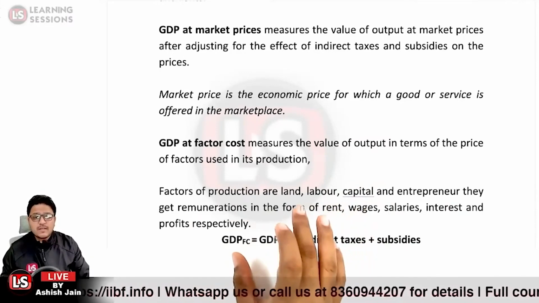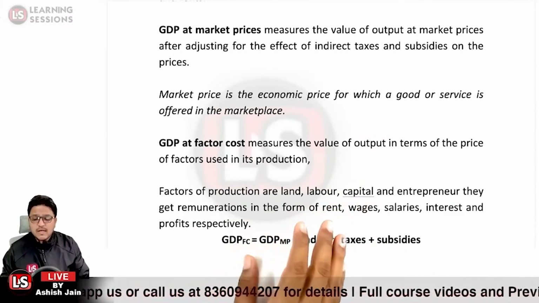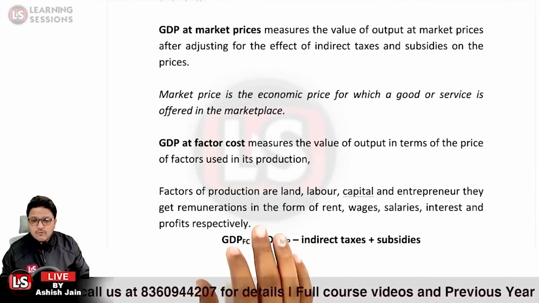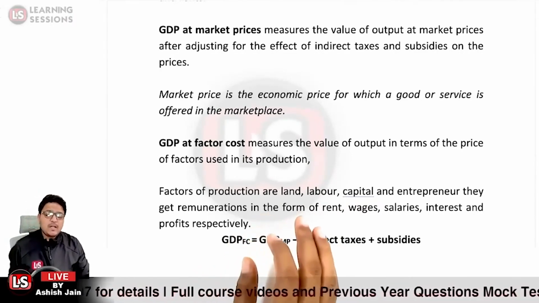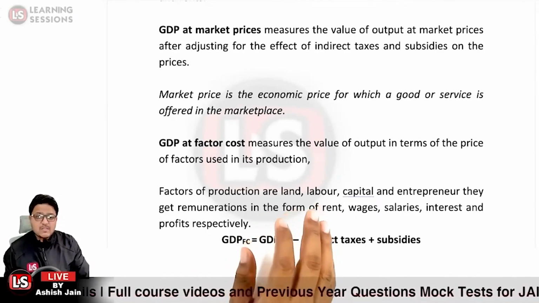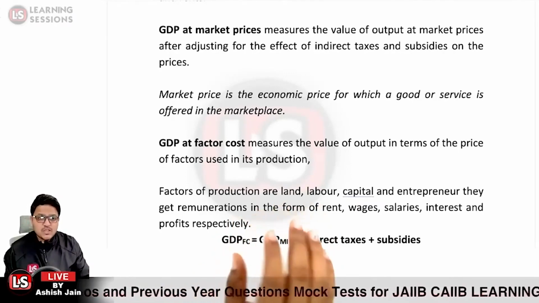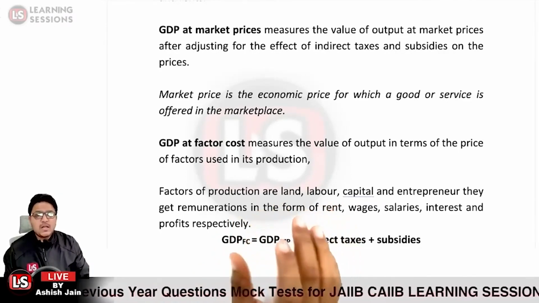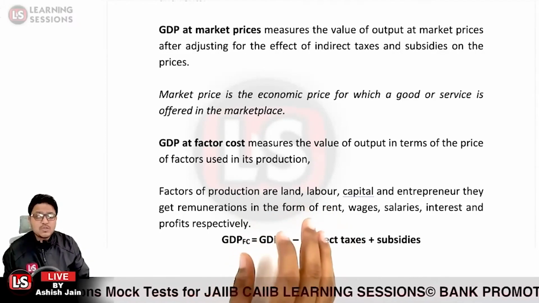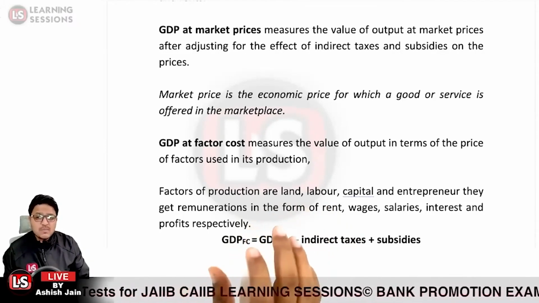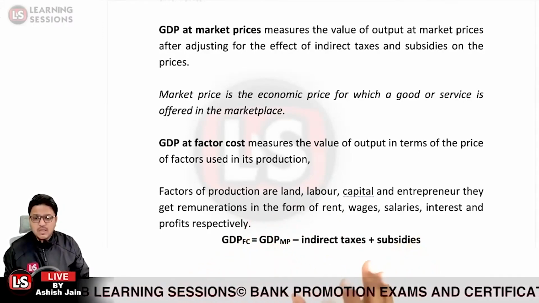So whatsoever the factors are covered over there, and what were the different values of those production, that is based upon that particular purpose. Okay, so GDP at the factor cost measures the value of output in terms of the price of the factors. So whatsoever the different factors you have used in the production itself, when considered, it is said to be GDP at the factor cost.